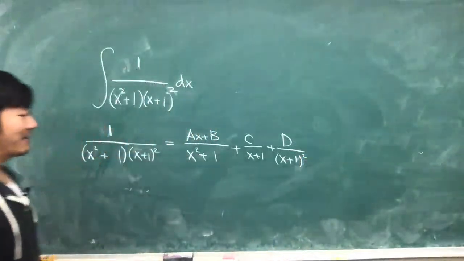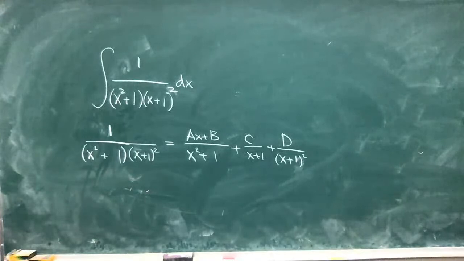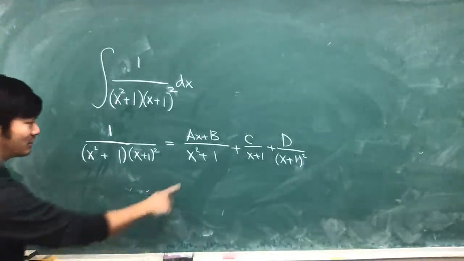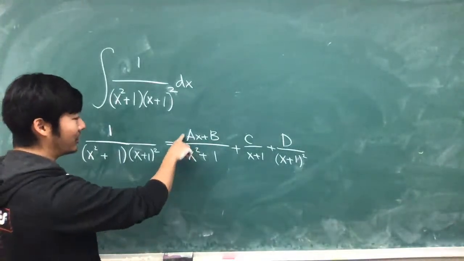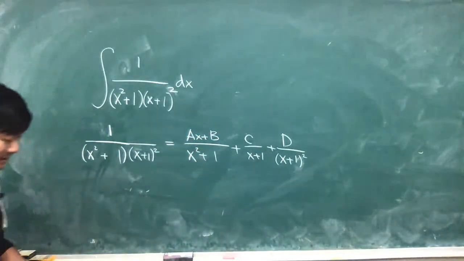So you have to have as many repeated factors as there are powers. And then if it's irreducible, then this thing up here has to be a linear factor, ax plus b.